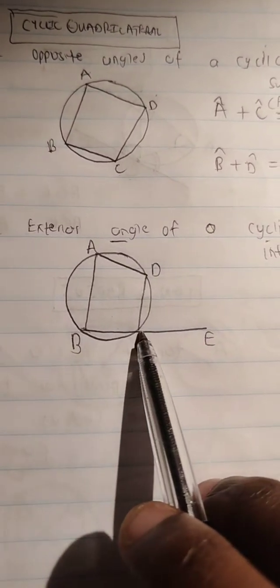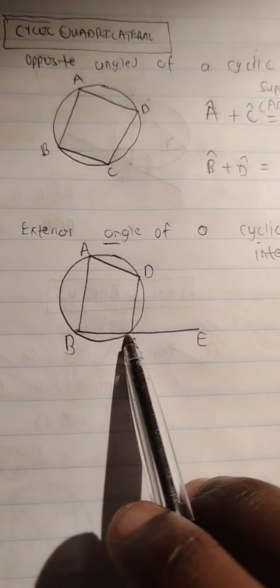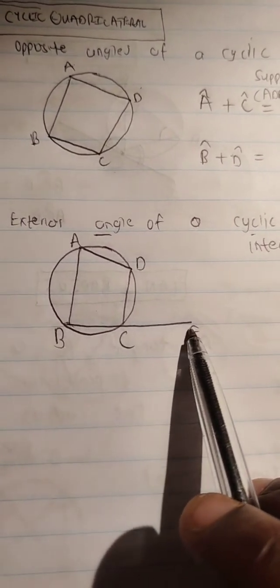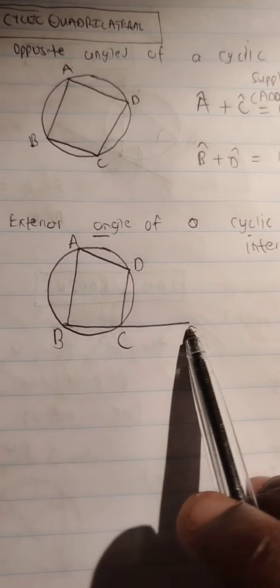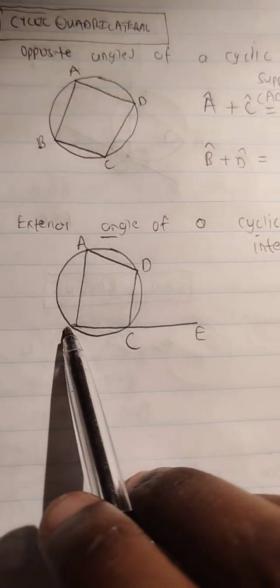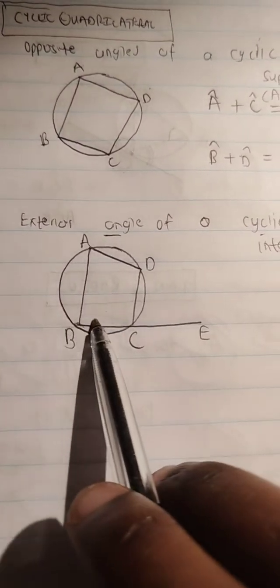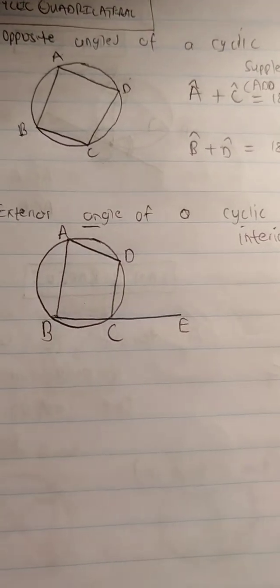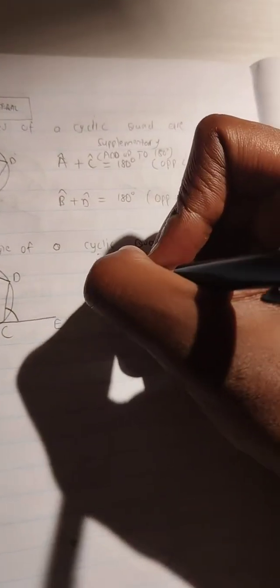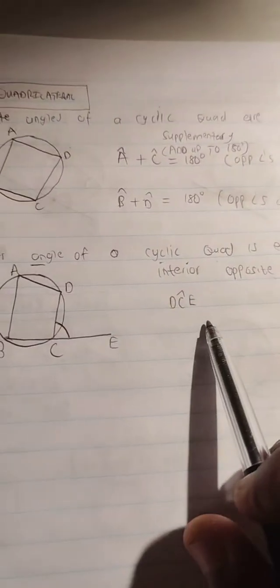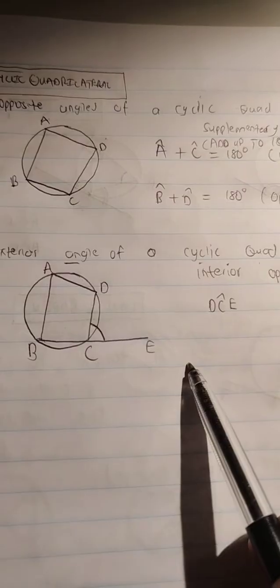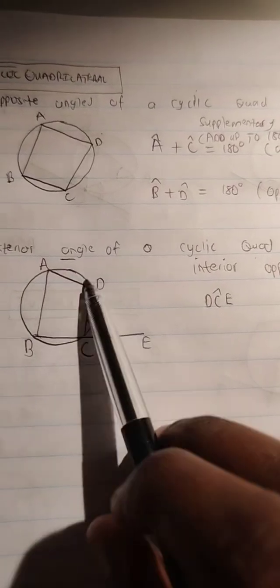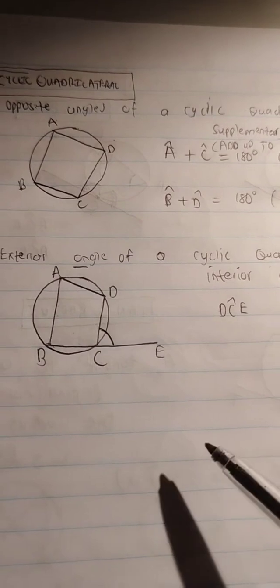So if you look at BC, BC has an extension which is E, and so the line BCE is in the same horizontal plane, and therefore because it is in the same line as the side of the quadrilateral, we call DCE the exterior angle, or ECD is the exterior angle.